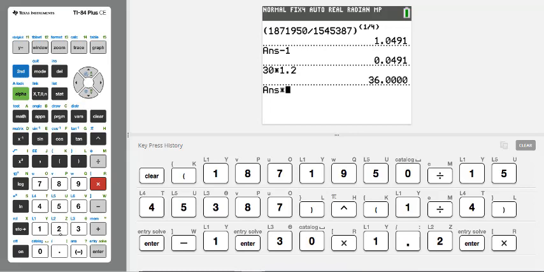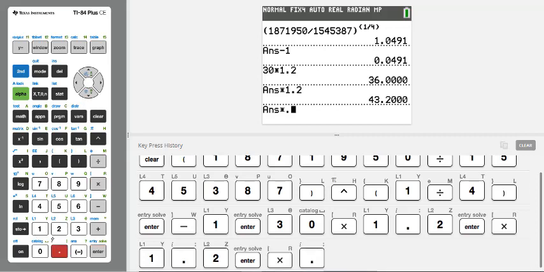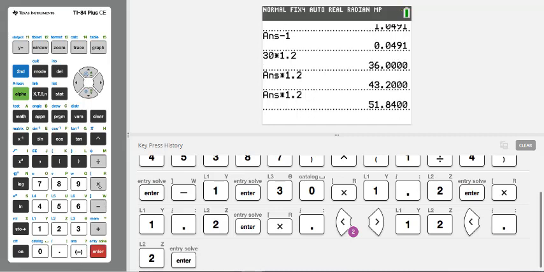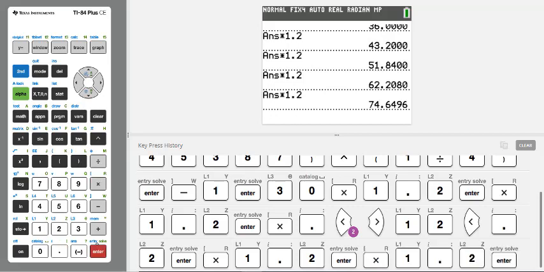If I do times 1.2, that takes 36 times 1.2. That's 43.2. If I do times 1.2, times 1.2 times 1.2, and it just kind of fills out because it's the previous value times 1.2. All right.